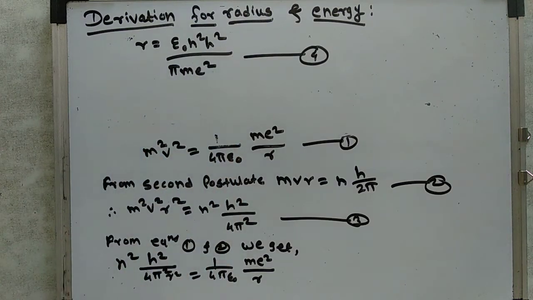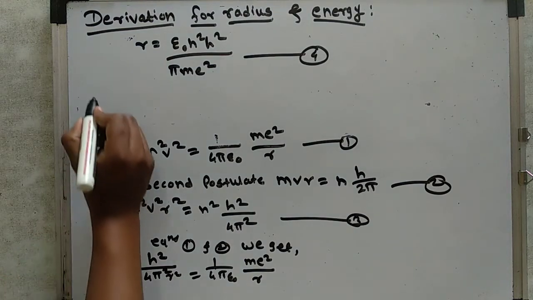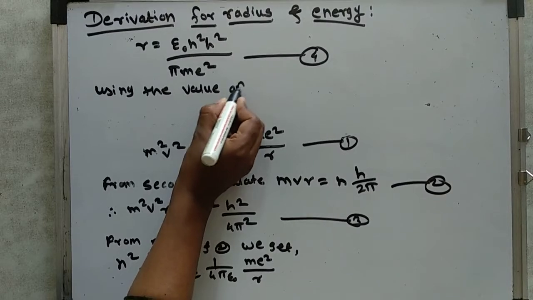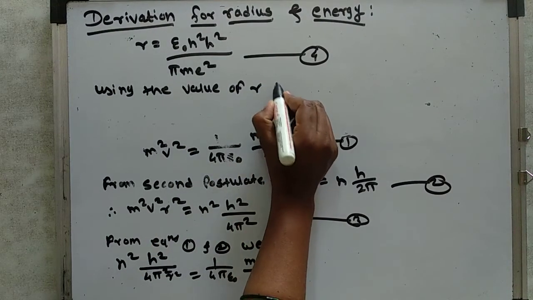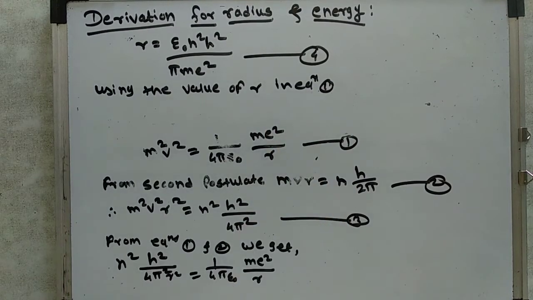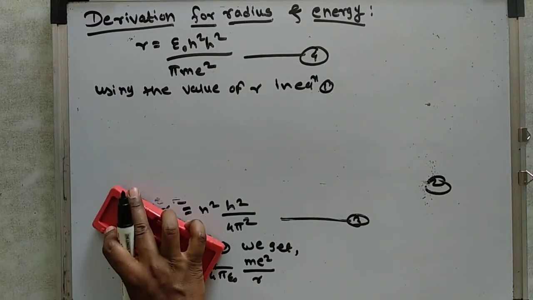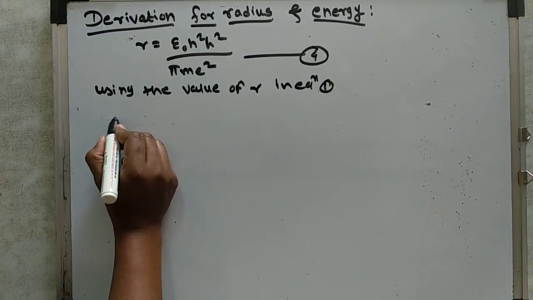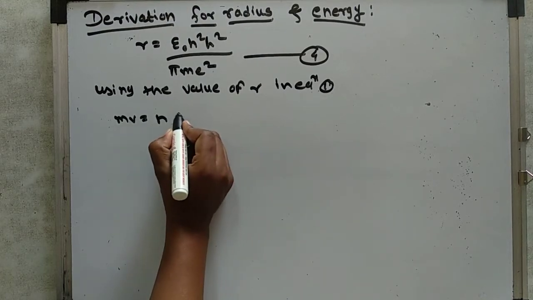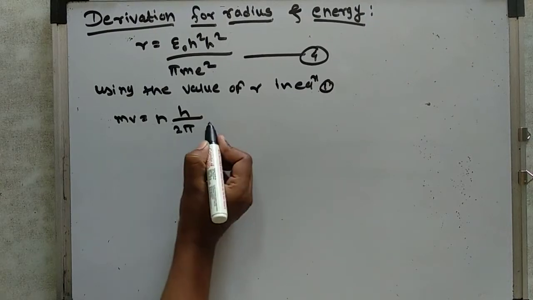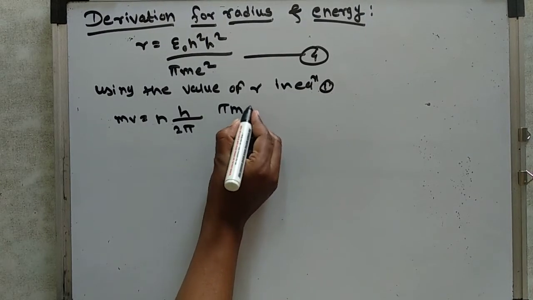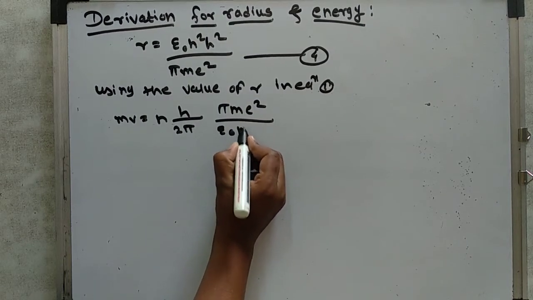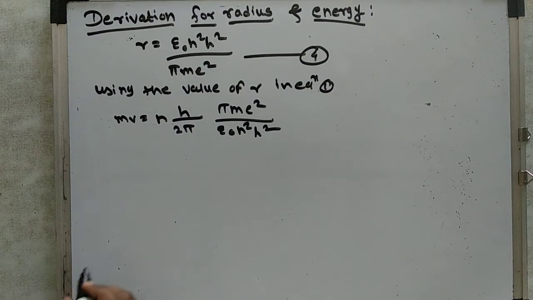Using the value of r in equation first. Pause the video and put this value. mv is equal to n into h upon 2 pi into pi m e square upon epsilon naught n square h square.